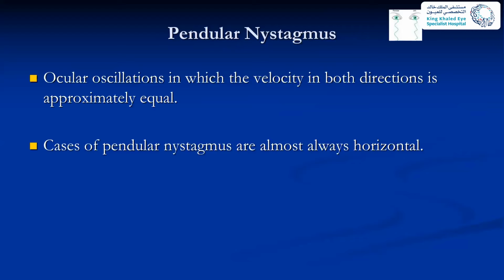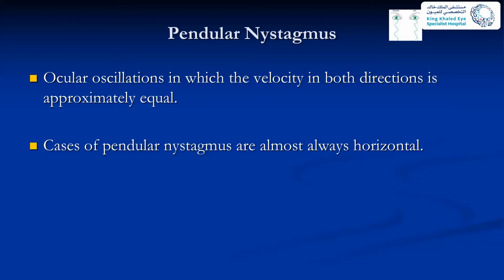Pendular nystagmus describes ocular oscillation in which the velocity in both directions is approximately equal. If you remember the old watch, there is the pendular movement to both sides.